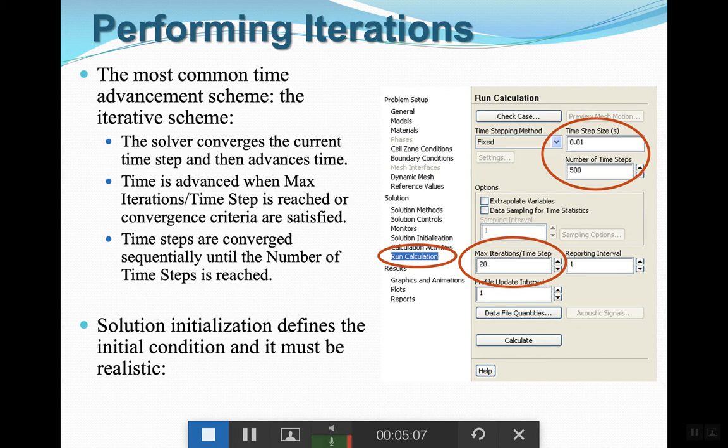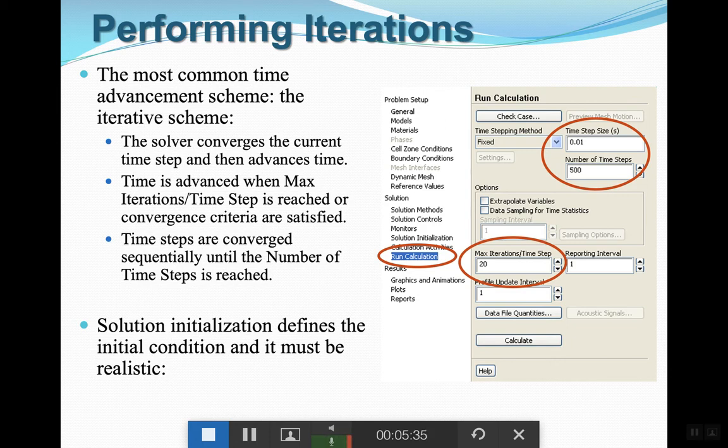Now, if that is the case, we need to define for the software how many iterations it has to perform in each time step. And obviously, the convergence criteria are in place here, but we have to instruct the software how many iterations to run.